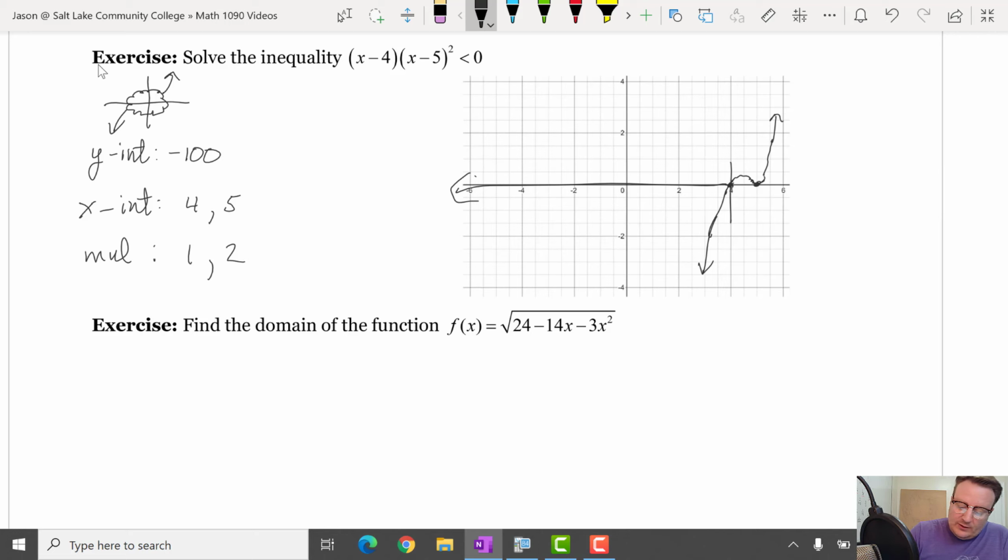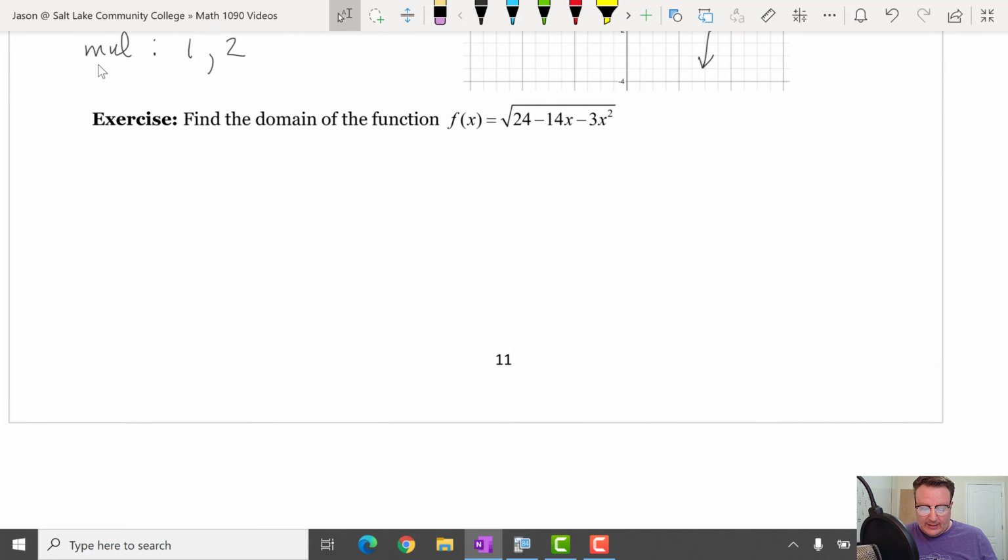So our solution set would be the subset of the real line from negative infinity to 4, but we don't want to include 4 because we have strict inequality. So there we go. That's the solution set. So we get a whole infinite range of numbers that satisfy that inequality.